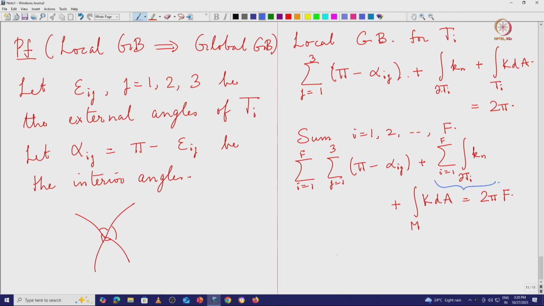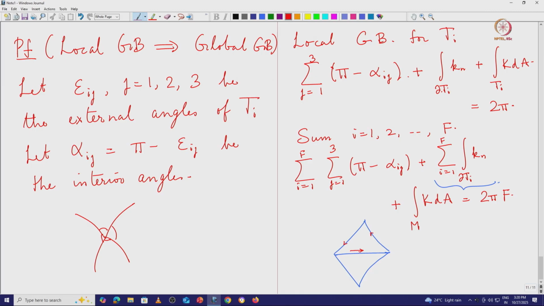Okay, so let me now look at this term. The point is that you might have triangles that share a common edge, but now notice what happens when you try to positively orient the edges of the triangle.